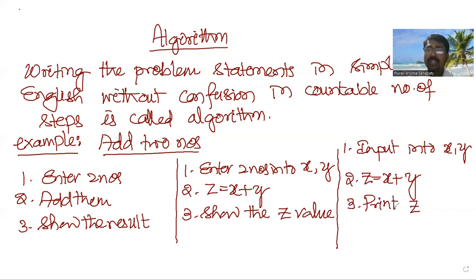So my intention is to say that all these three versions that we have written are algorithms. There is no strict rule that we have to write like this. But one thing we have to take for granted: whenever you write an algorithm, it should not lead to any confusion. There should be a clear-cut procedure.